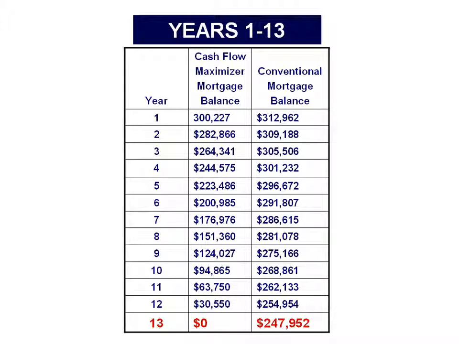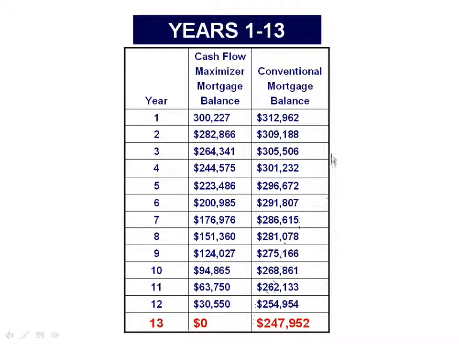So if Joe repeats this process each year, exactly as I've shown, the interest savings and equity buildup begins to accelerate dramatically. Basically he will completely pay off his original $316,000 mortgage in a little less than 13 years.